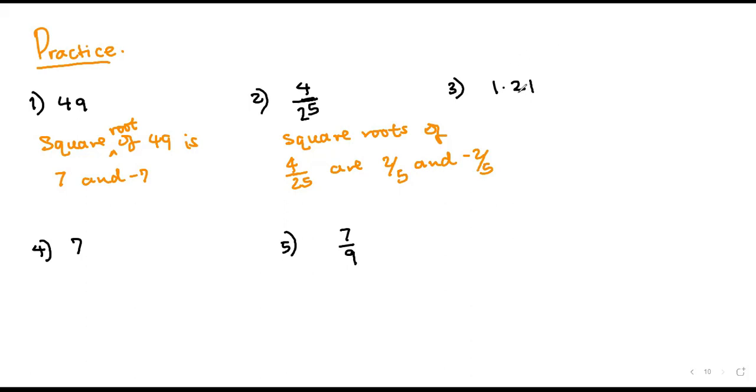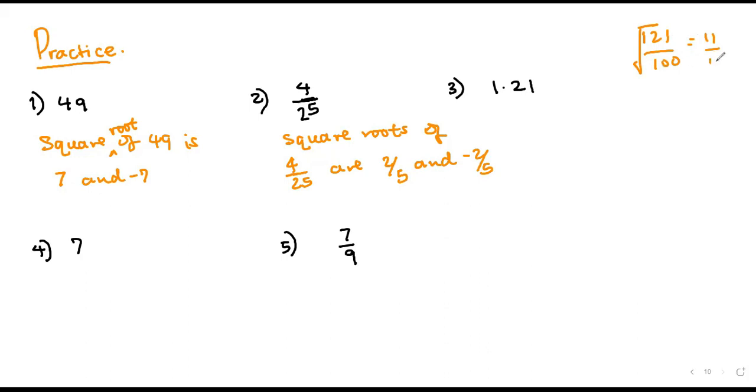Okay, what about 1.21? 1.1 and negative 1.1. How do you get 1.1? 1.21 means 121 out of 100. And the square root of 121 is 11.